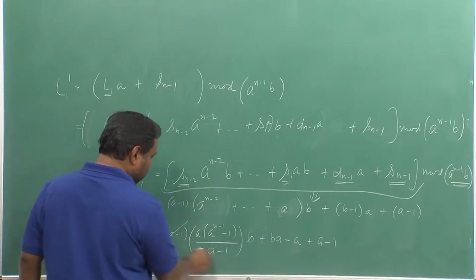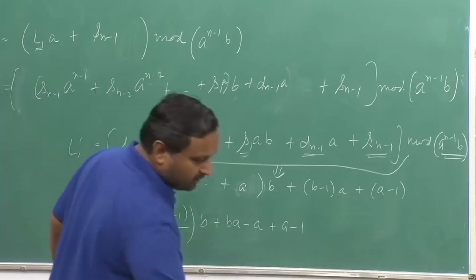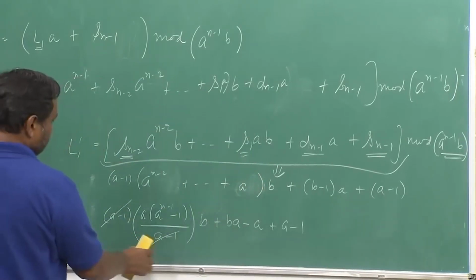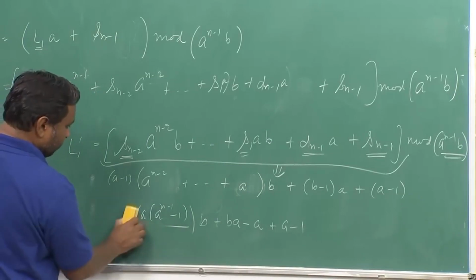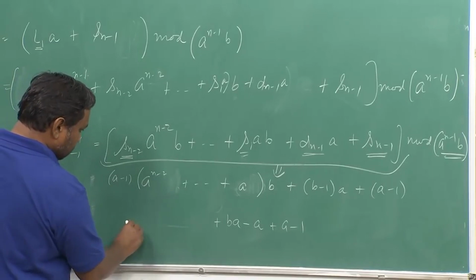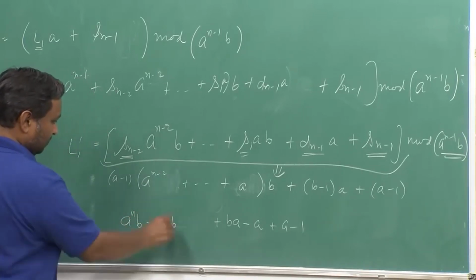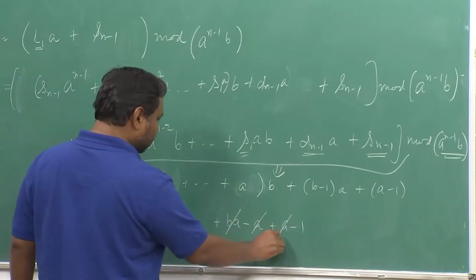So, A minus 1 cancels with this. So, you will end up getting A raised power n B minus A B. So, minus A B will cancel with this, A will cancel with this.